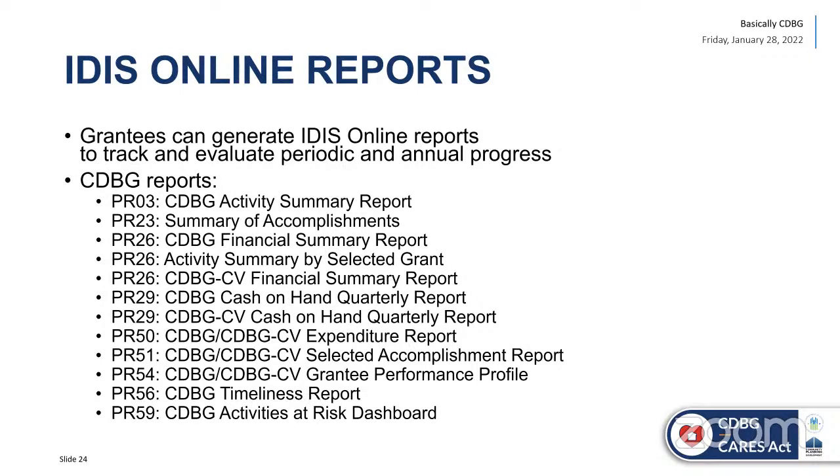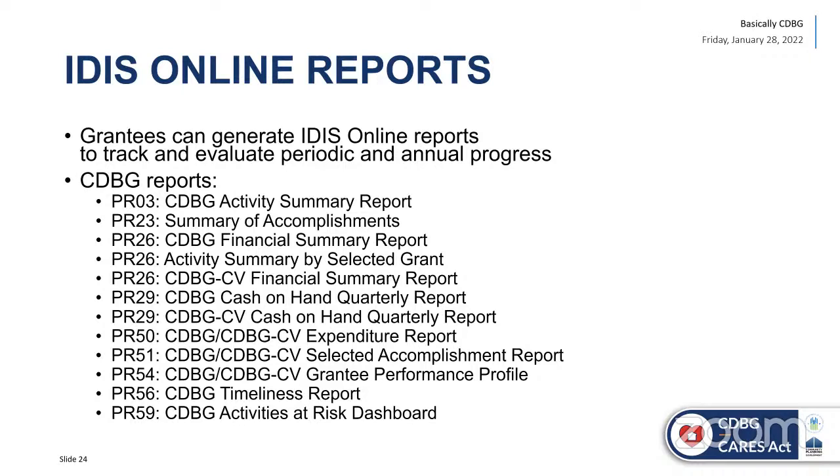We have the PR03 report, called the CDBG Activity Summary Report, that lists all the activities that were open during or completed during the program year you selected. So it is a very useful report. The other report is the PR23 report.